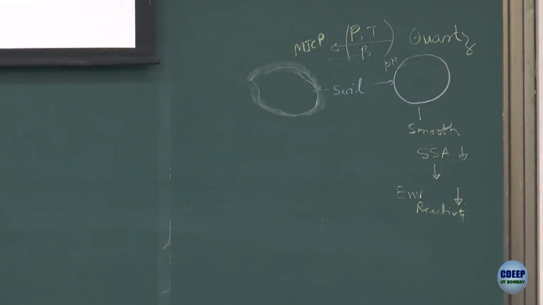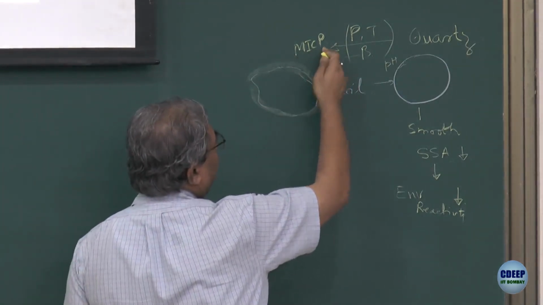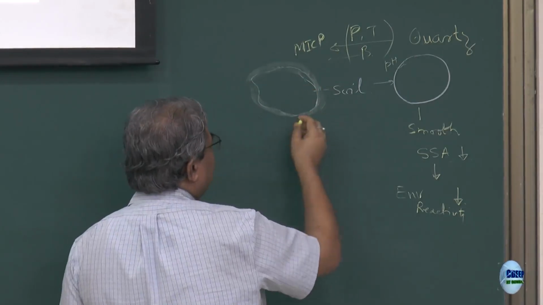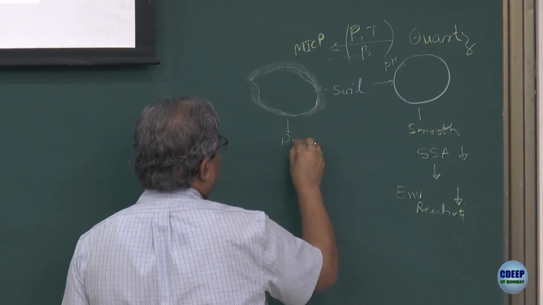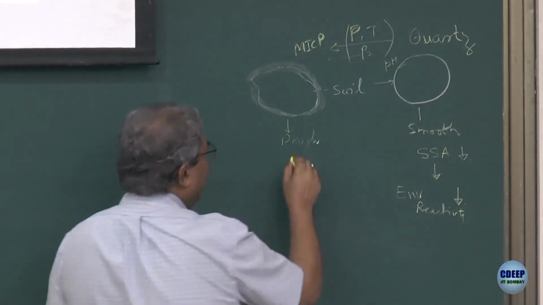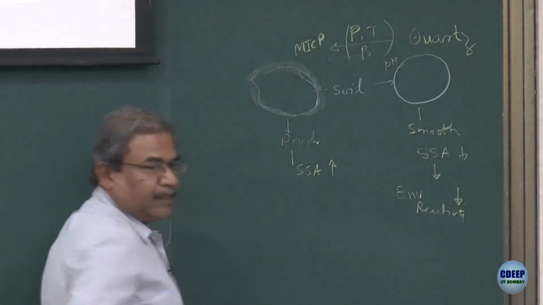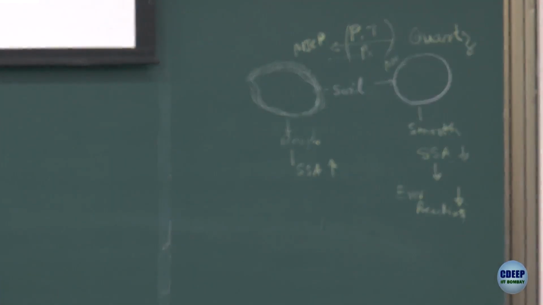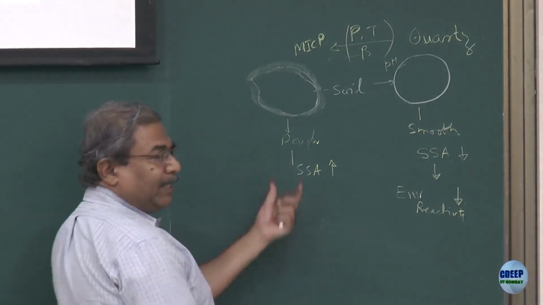Everybody is talking about microbially induced calcite precipitation on the grains. Now, what has happened to the surface area? Initially this was a rough surface. Any rough surface will have SSA, specific surface area, very high. Why? Because it is not a smooth surface. There are many undulations, cracks, many types of cavities and so on.